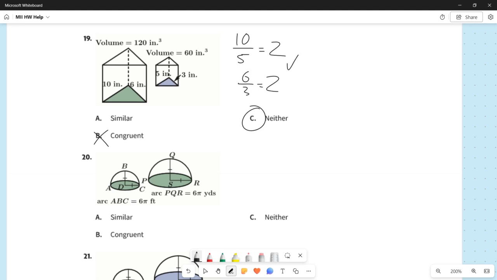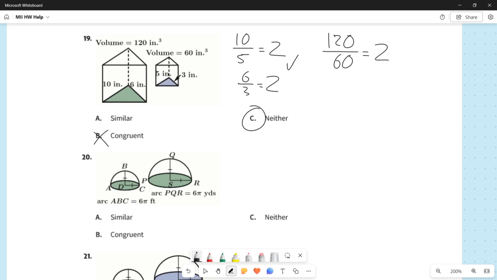So what we did with the 10 and the 5 and the 6 and the 3, that's fine. That's all good. With volume, if we take our large volume, which we're told is 120, and if we divide by the small volume, which is 60, we get 2, but that's not what we want.